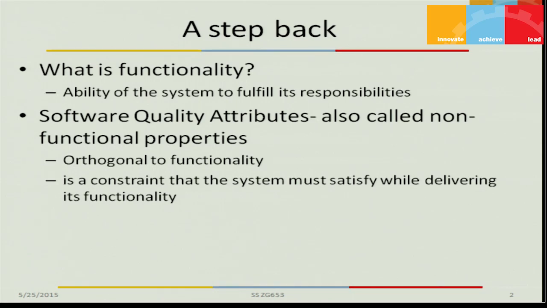It might be the quality of resolution, quality of picture, ease of use, how good it is to integrate with other components, how good is the sound quality, etc. If you look at a sound recording system or a music player, then its basic functionality is to basically play some audio. But its quality attributes are again how good is the sound quality, how good is the music quality, how easy it is to use.